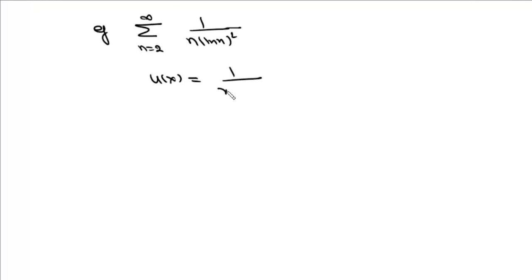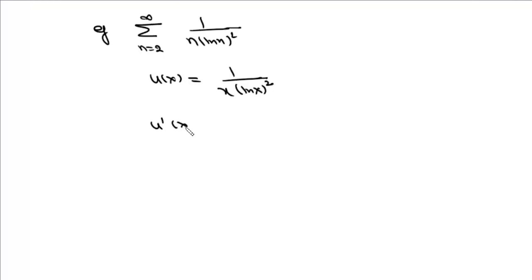Now let us take another example. We have to test for the convergence of the series summation 1 upon n (log n) whole square, where n varies from 2 to infinite. Now the corresponding function is u(x), so it will be 1 by x (log x) whole square.